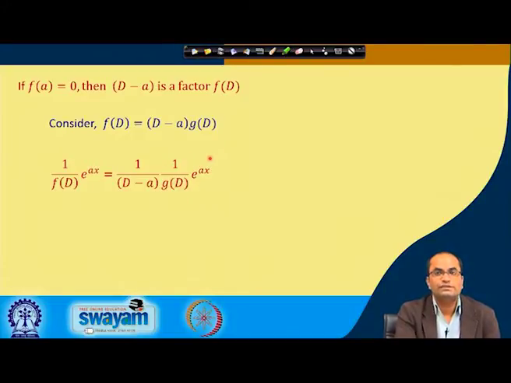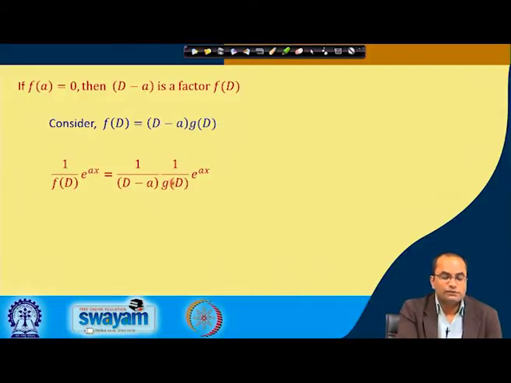Suppose this g(a) is not equal to 0. If g(a) is also 0, then we have certainly another factor sitting in this g(D), and that we can again take out from g(D), and this may be the square in that case, and then whatever is left, there we will replace D by a. So, that is the trick we have to do here.